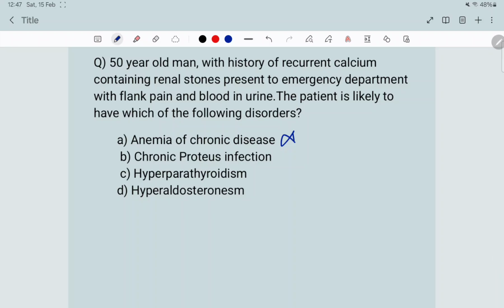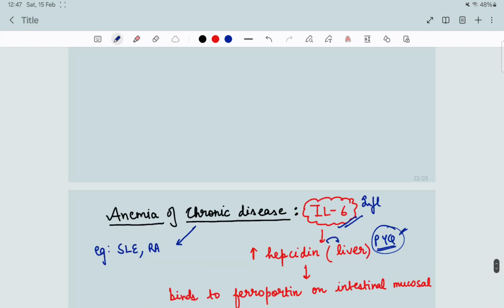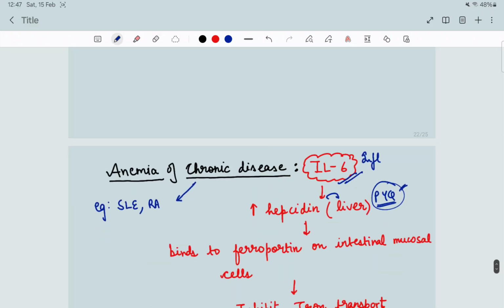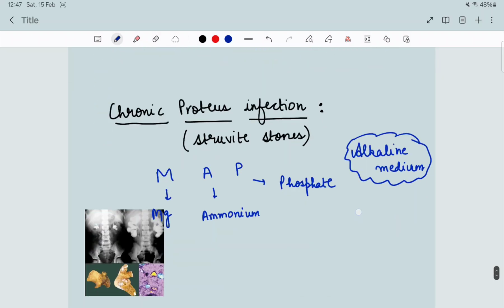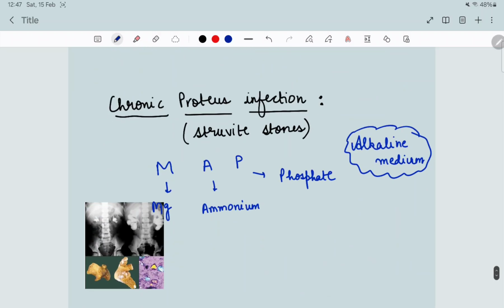What is chronic Proteus infection? Proteus mirabilis is a microorganism. So what does it do? It causes infections in urine. It causes UTI. The stones are known as struvite stones, which can also be called staghorn calculi. It is composed of three things. It can be learned by a mnemonic, MAP.